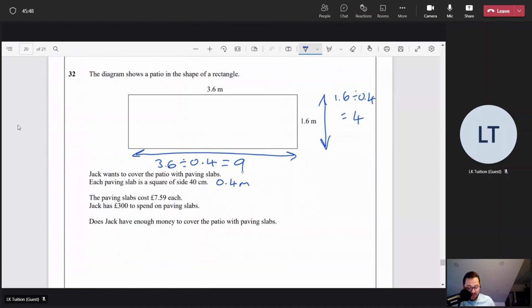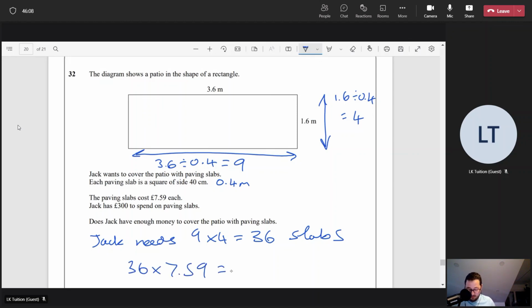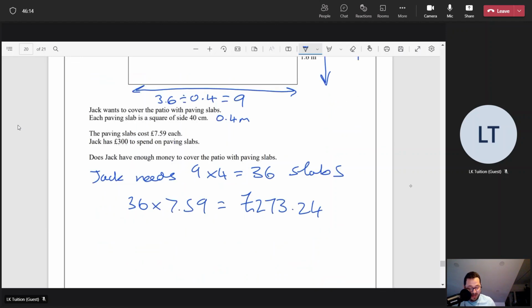So altogether, Jack needs 9 times 4, which is 36 slabs. Now we can figure out how much that costs. Each slab costs £7.59, so 36 times £7.59 gives me £273.24. So yes, because he's got 300 quid, he has enough money.